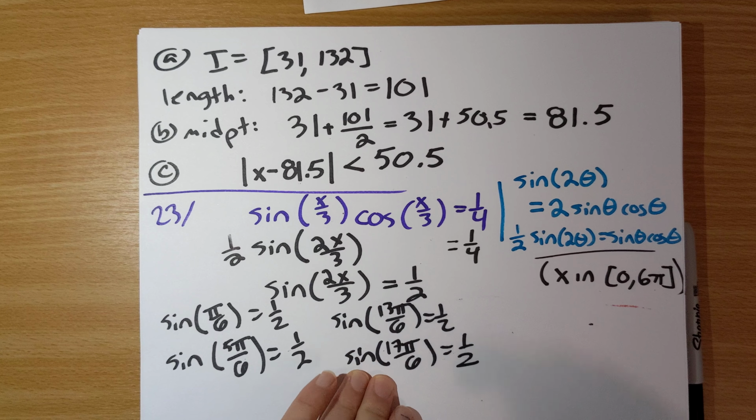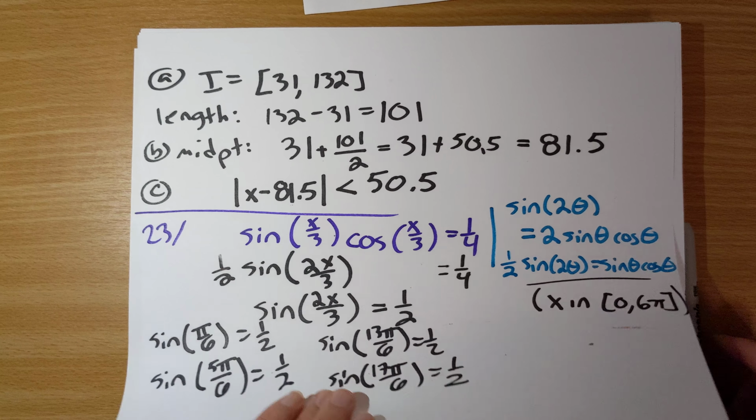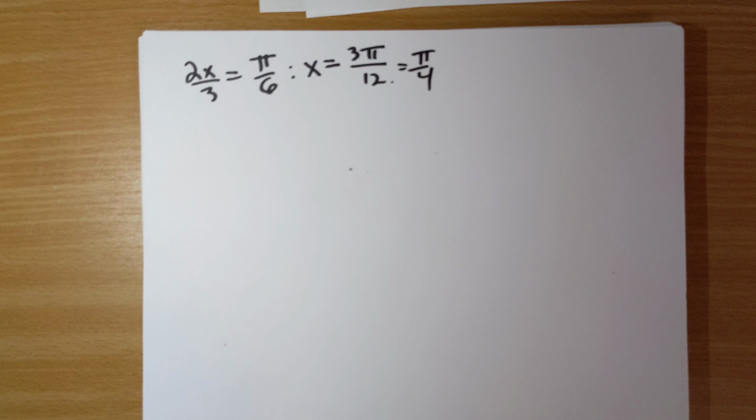So let's figure out what x is in each of these cases. So 2x over 3 is equal to π over 6. That would give us x is 3π over 12, which is π over 4.